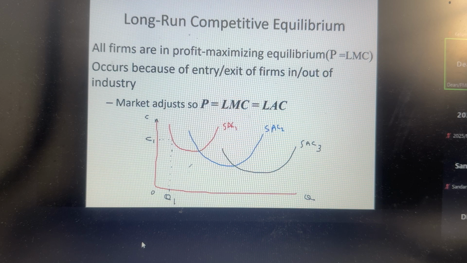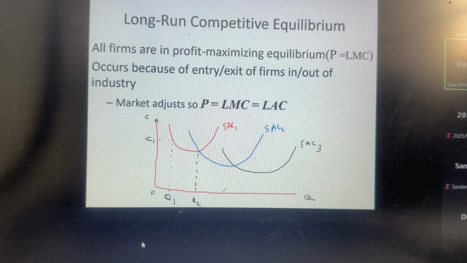Now suppose the demand for your product is increasing, you need to increase the level of output. Gradually increasing the level of output, you are coming to this point, Q2 level of output. Now you want to produce Q2 level of output.